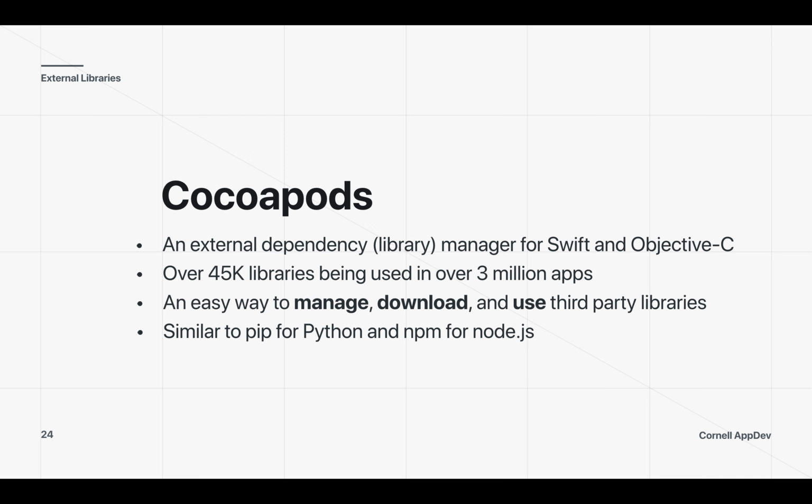Or if those analogies don't make sense, you can think of it as, let's say I've written some code that does some really cool thing, and I've put it in a library, and I've added it to CocoaPods so that other people can download it and use it within their apps.